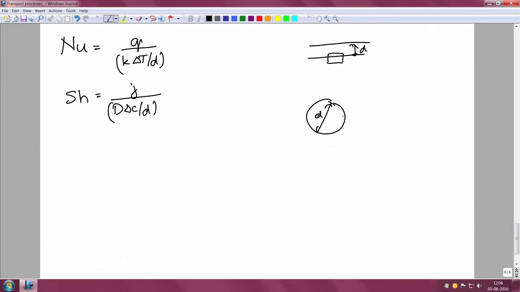So, if the concentration at the surface is higher than the concentration in the bulk, this difference is ΔC. And here d is the diffusion coefficient, and k is the thermal conductivity.